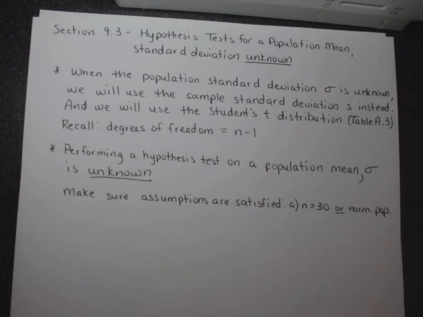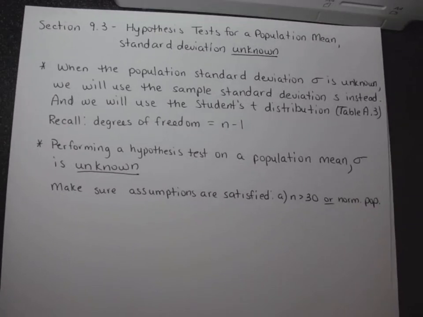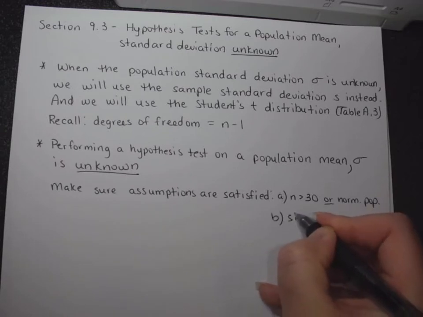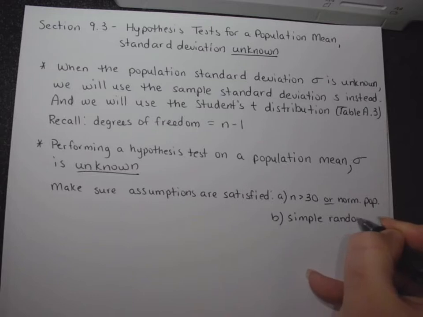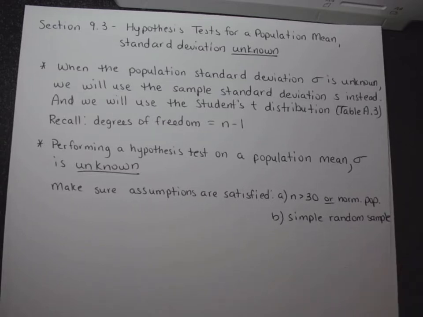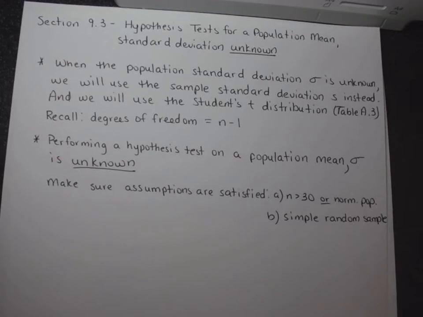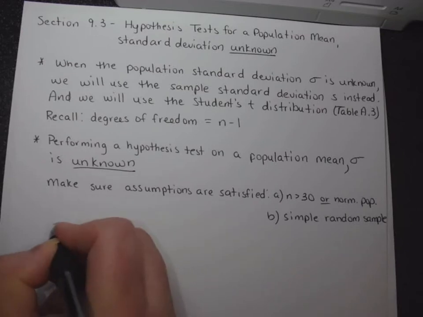If you already know you have a normal population, then you don't necessarily have to have N greater than 30. The second requirement, remember, is that it's a simple random sample. So we are going to have some N's that are less than 30 in this section, but we're just going to assume that the population was normal to begin with, so we are allowed to use this process, basically.